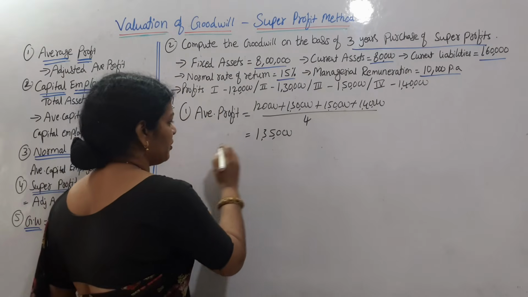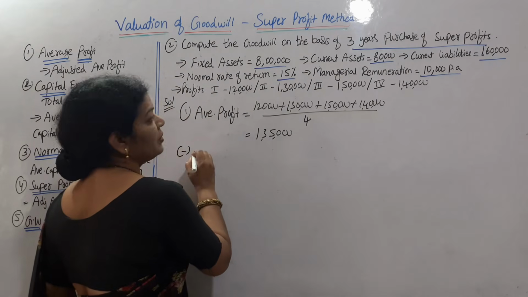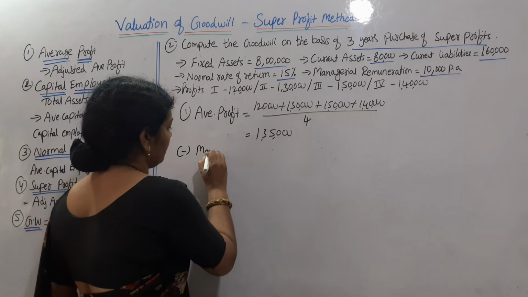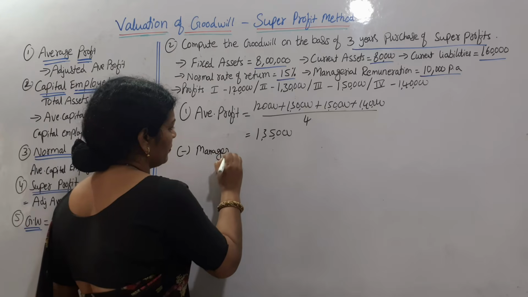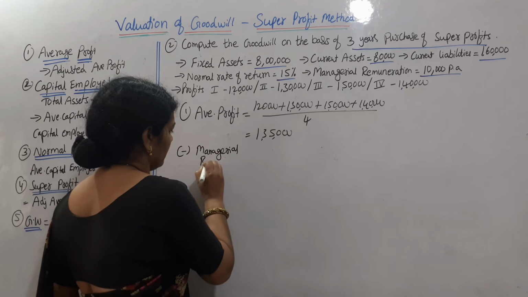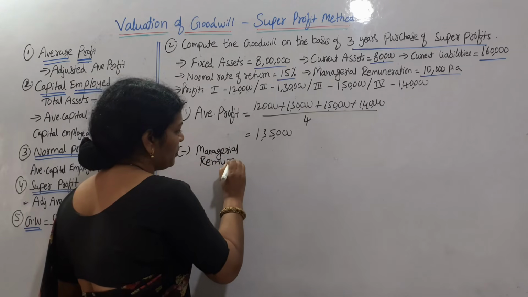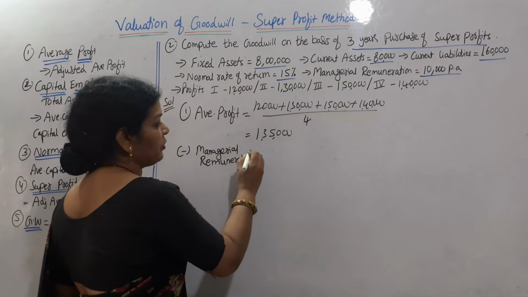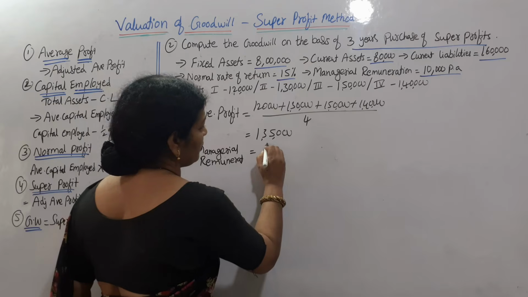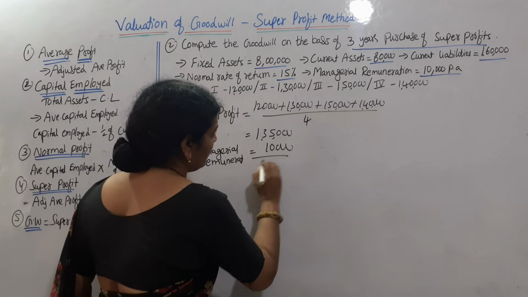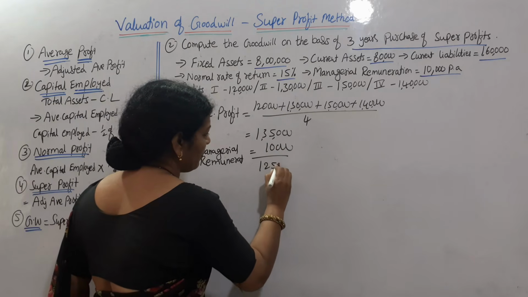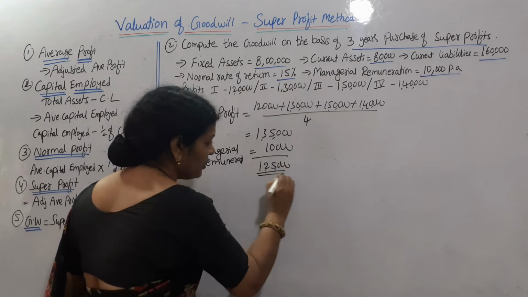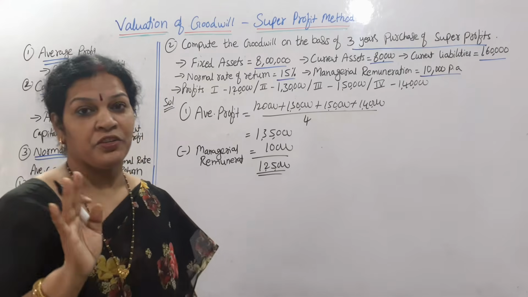This is average net profit minus managerial remuneration, 10,000. If you deduct it, you are getting 1,25,000. This is adjusted average profit.